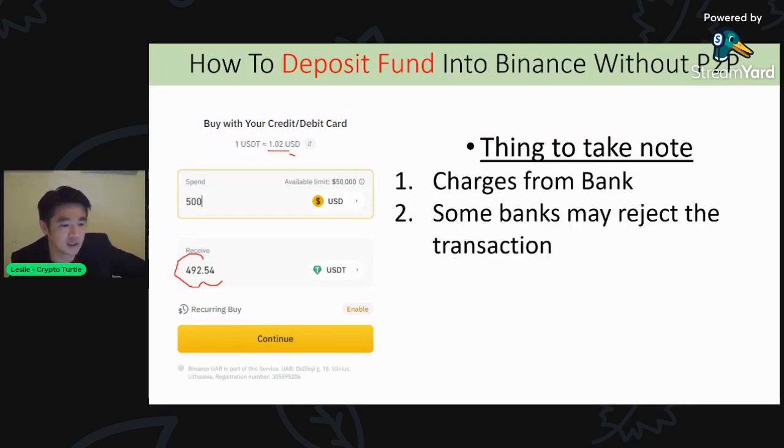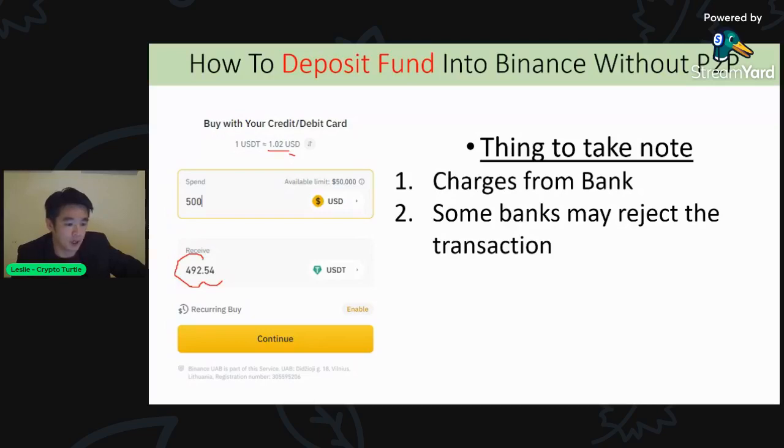Number two, some banks may reject the transaction because it's finance related. Some banks do allow, but you probably need to call in and ask them to remove this restriction. So again, you need to test out which bank actually accepts.